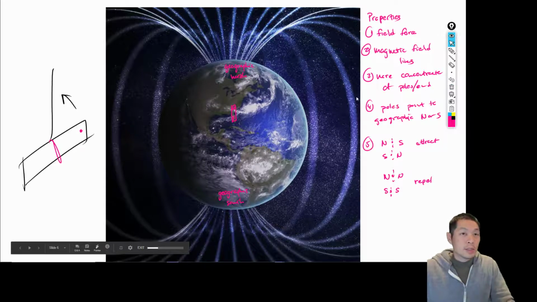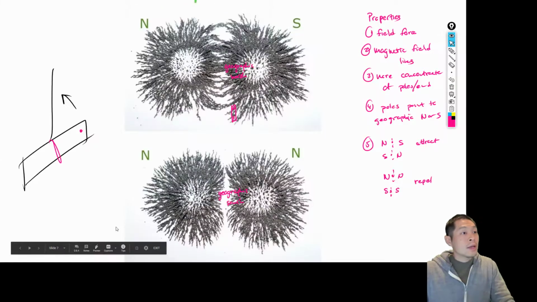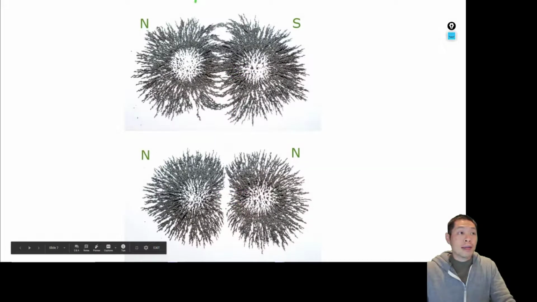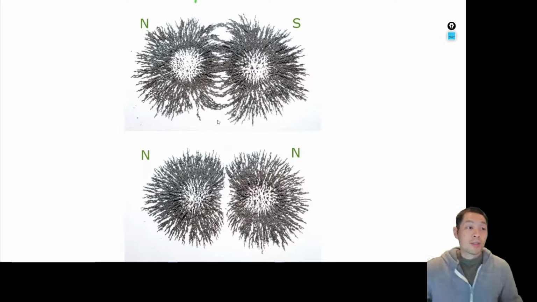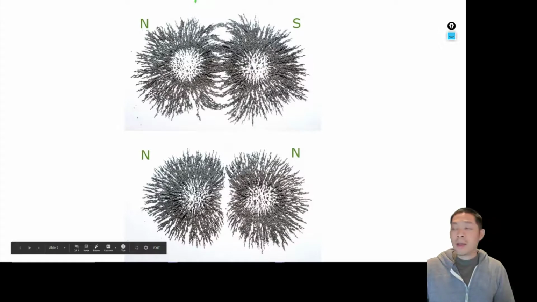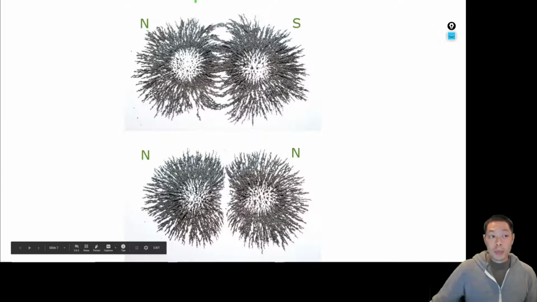Alright, so like I said, I'm going to show you some pictures that could help explain this part right here. In these pictures we have two magnets. You can tell this side is the north and this side is south, because that's what's defined. You have iron filings shaken on it, and you'll see there's a difference. When it's opposite, the iron filings are attached to each other from the south end to the north end. When they're both similar poles, you'll notice that you get repulsion. Iron filings are cool because they follow the magnetic field lines that are there.